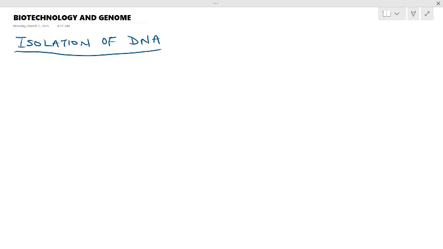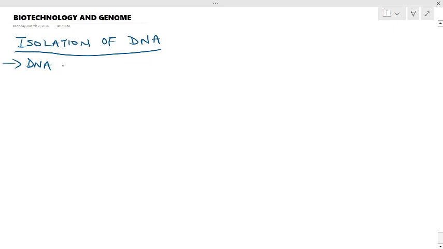So that will make us look briefly at prokaryotic and eukaryotic cells. Before you can isolate anything, it's important to know the location of what you are isolating it from.